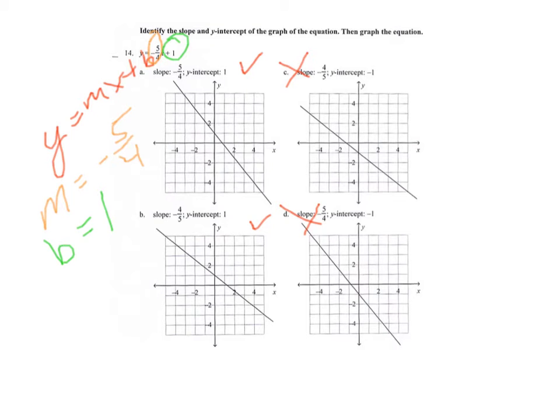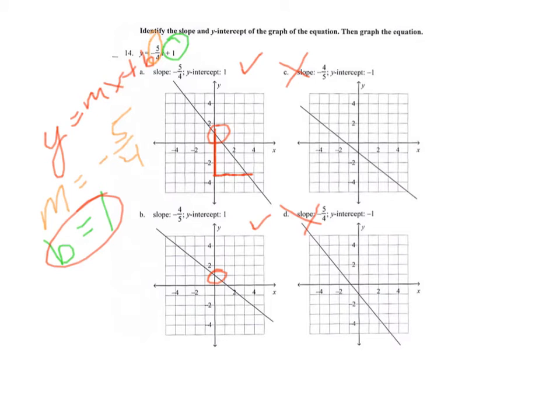So now I need to figure out which one has the right one. The next thing I would look at is the y-intercept, so I'm looking right here. Okay, so then we have a slope of -5/4. So that means I need to go down 1, 2, 3, 4, 5 over 1, 2, 3, 4.